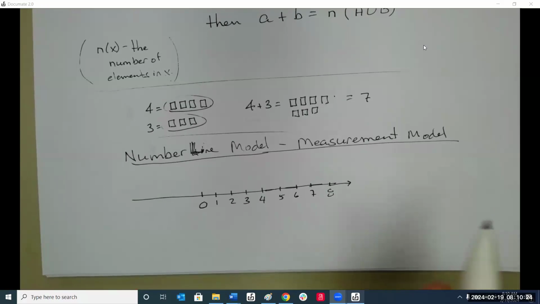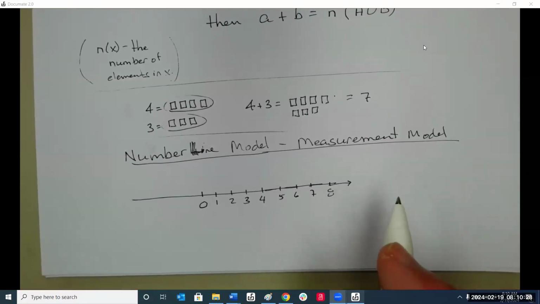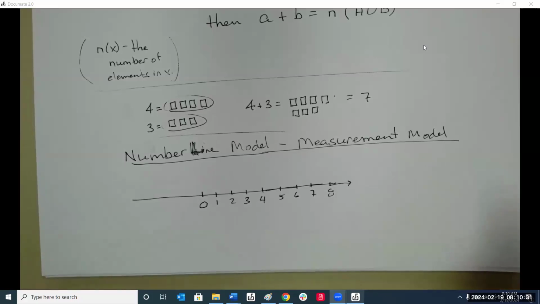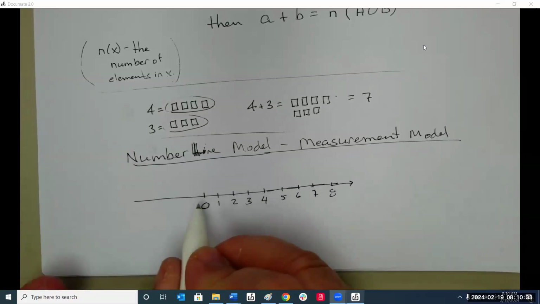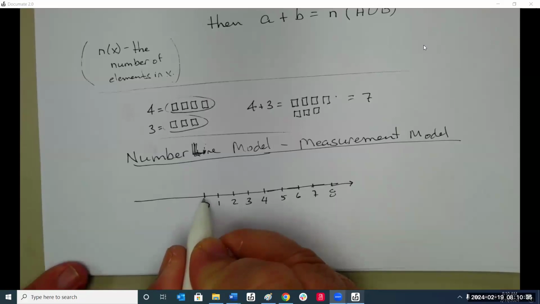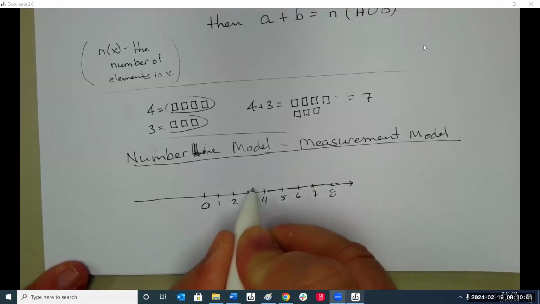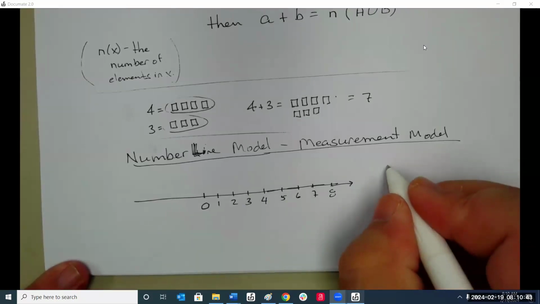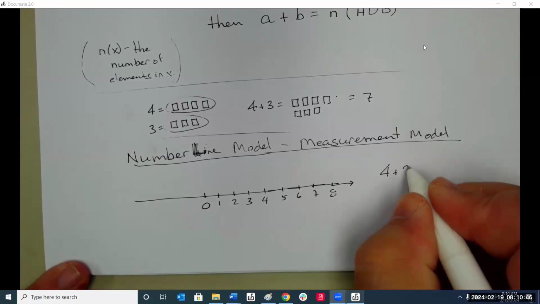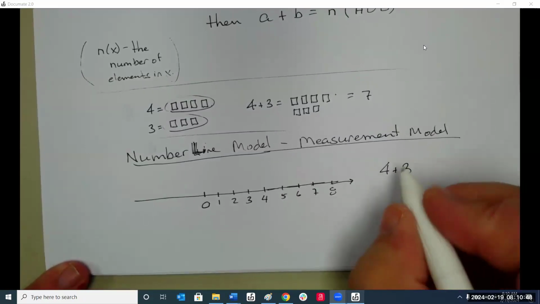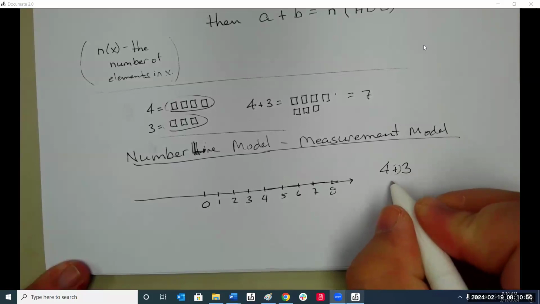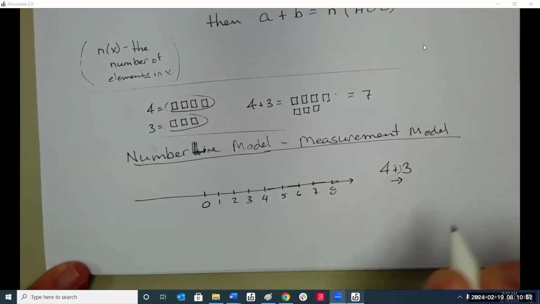So we have to stress the point that numbers represent a distance. It's a measurement, how far something is from something else. If we start at 0 and we add 1, we get 1. Add another one, that's 2, and so on. So if we do 4 plus 3, addition we introduce as going to the right, because that's the way we count.